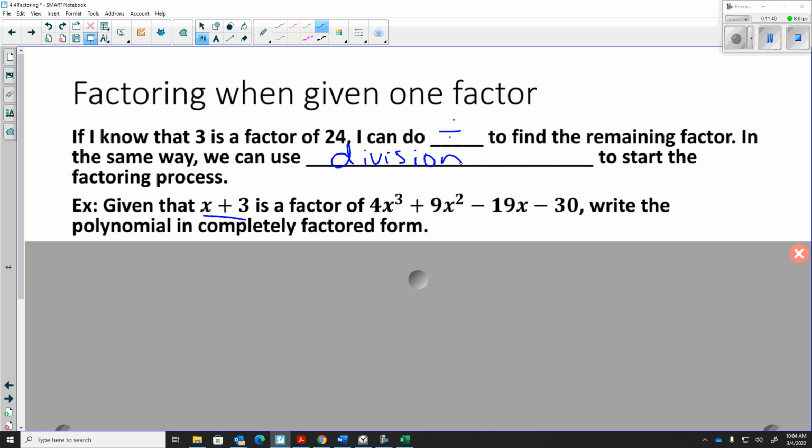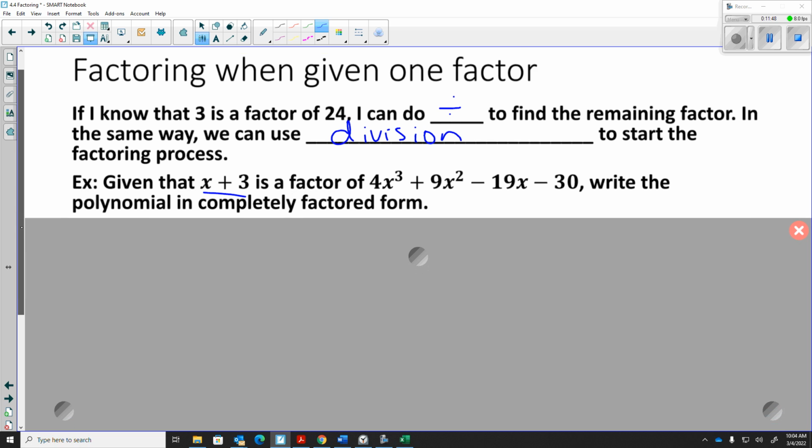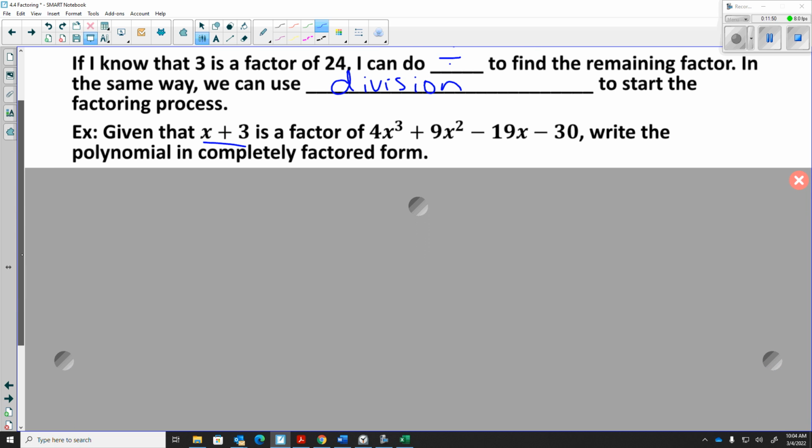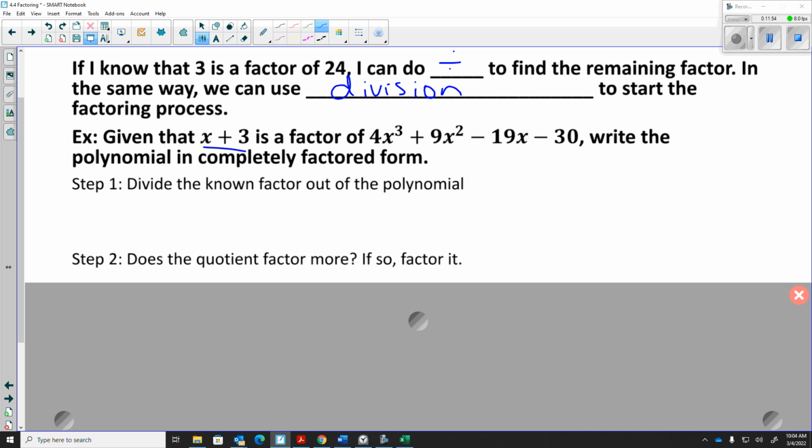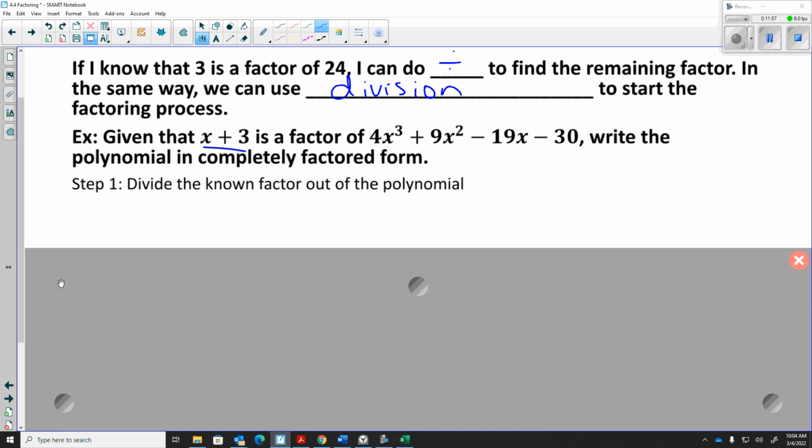And then you can try to factor that thing. So you can get started by using division. Let's do an example. Okay? So it says, given that x plus 3 is a factor of this thing, the big polynomial, in completely factored form. So I'm told to factor this thing.